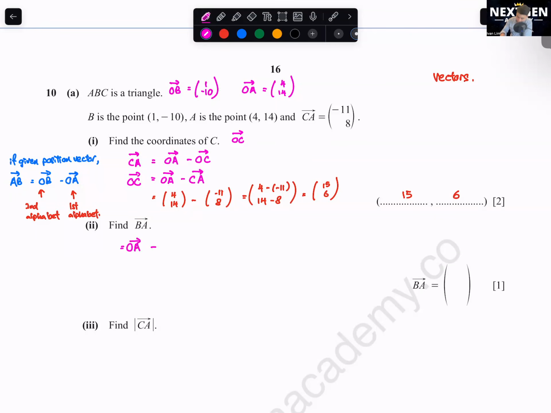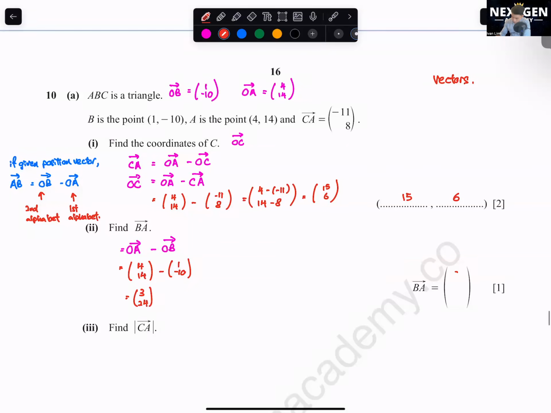You use the second alphabet minus the first alphabet. You need to remember the formula here. So OA minus OB, what is OA here? 4, 14. OB is equals to 1, negative 10. Okay, so we'll get here 3, 24.